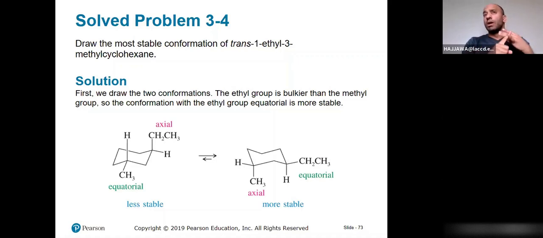The fourth rule, whatever is positioned up in the first has to also be positioned up in the second. Whatever is positioned down in the first has to also be positioned down in the second. That's how the rules are. And it's very important that we practice enough until we master how to draw a chair conformation.